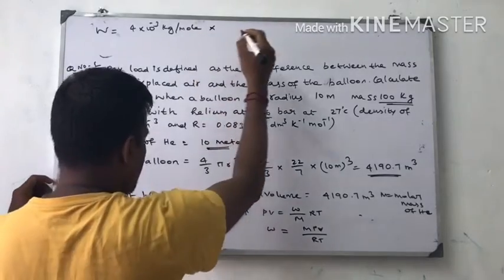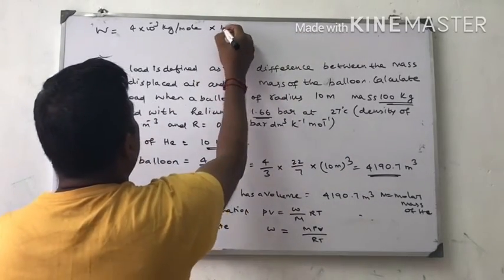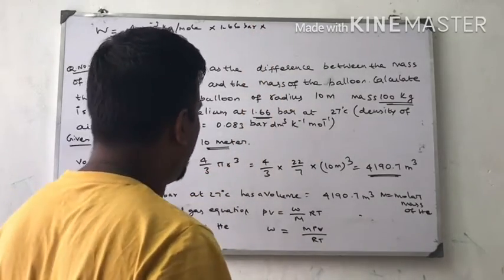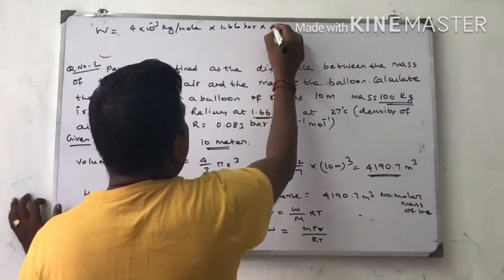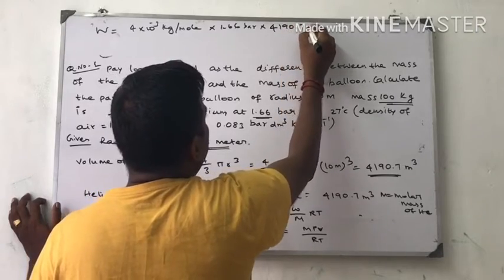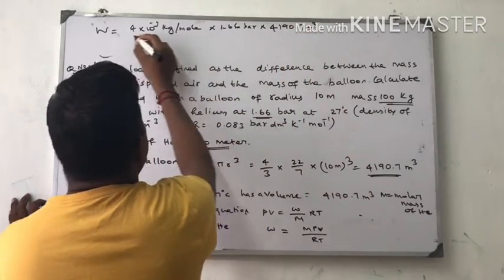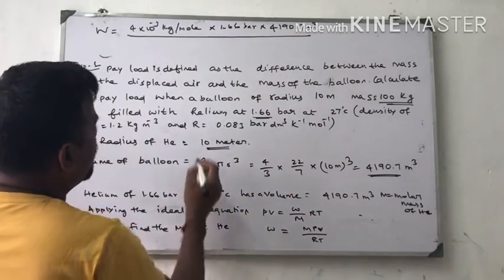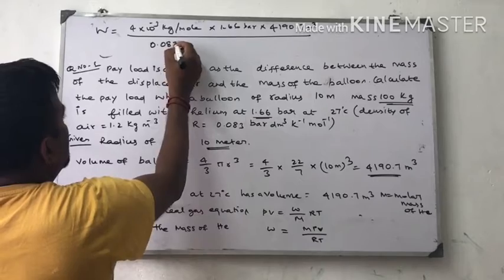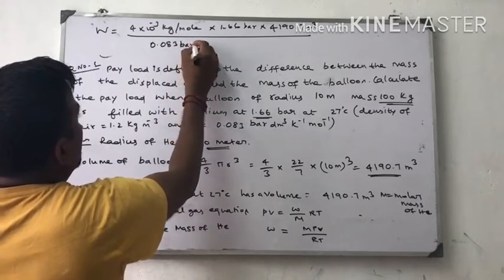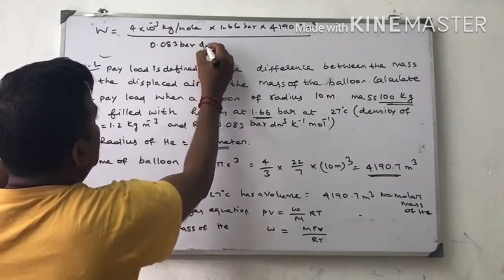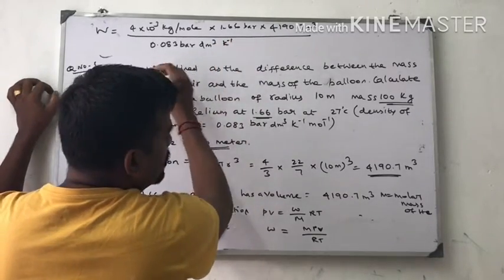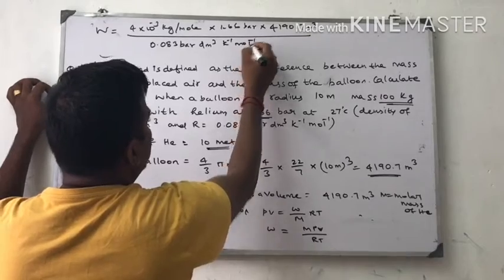Into pressure, 1.66 bar, into volume, which we derived, 4190.7 meter cube, divided by the gas constant given, 0.083 bar decimeter cube Kelvin inverse mole inverse.